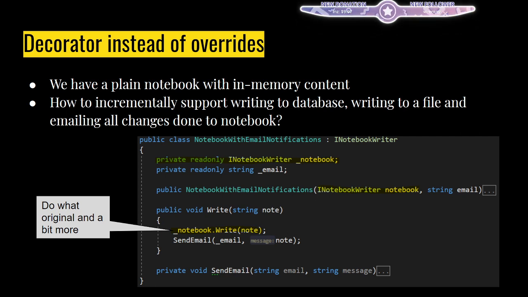And if I have a property, a field, a reference to some existing notebook writer, I can add extra behavior to it. I can say, hey, notebook writer dot write a note and do something more. That is how Decorator works. I call the original and on top I do something more. That is Decorator.